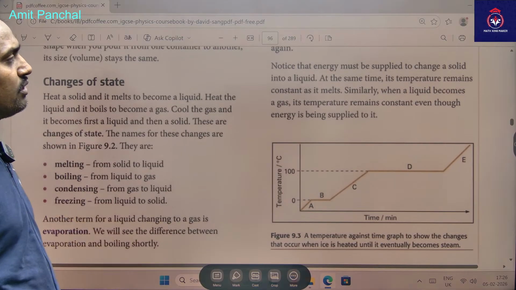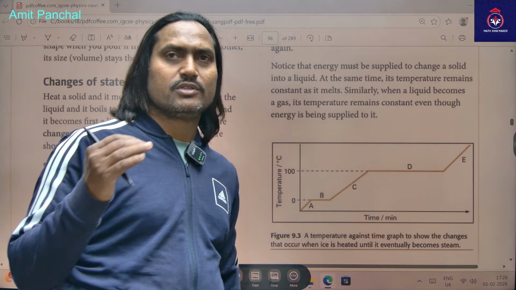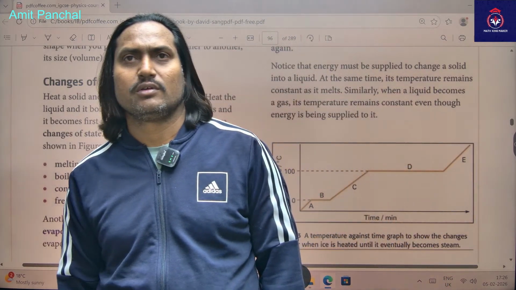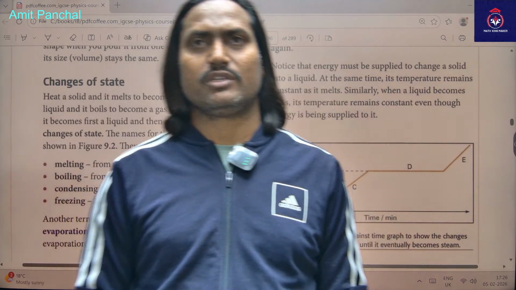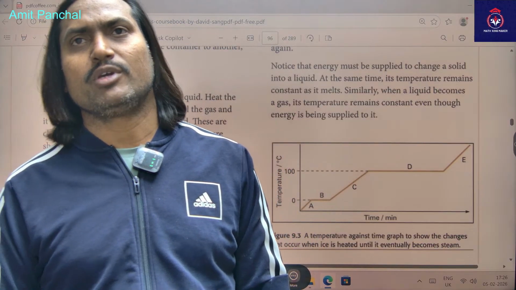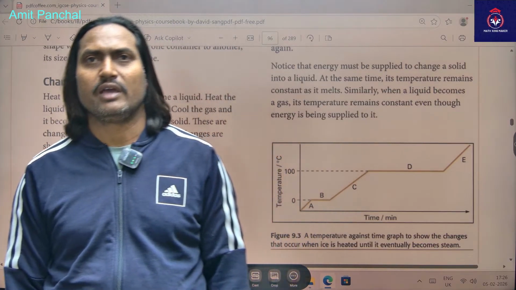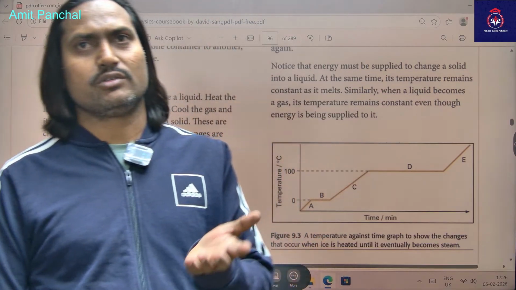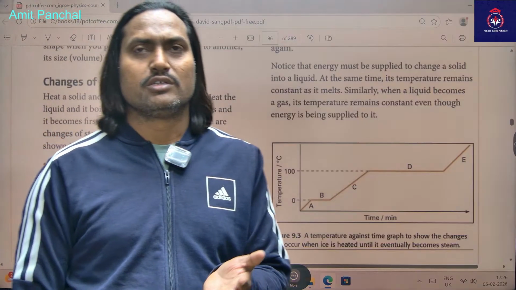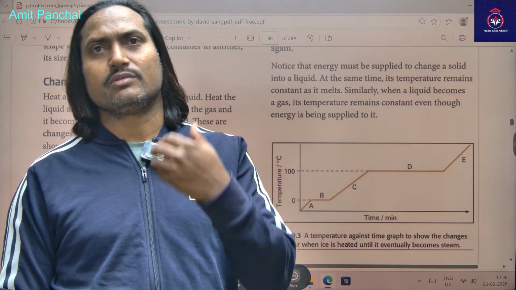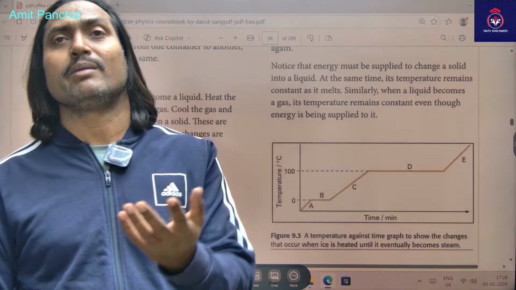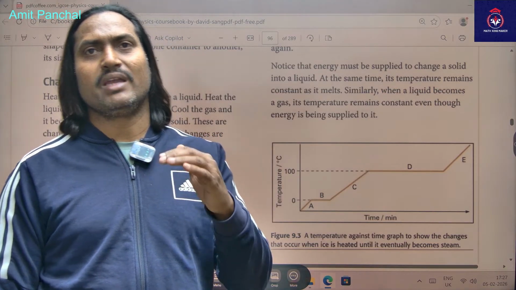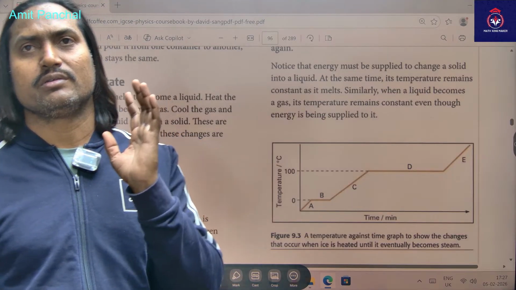Now, why is it changing from one state to another? Why is solid changing to liquid? Because we are giving it energy. We are just heating that solid compound. If we heat that solid, it becomes a liquid at a certain temperature. But every matter has a different melting point.